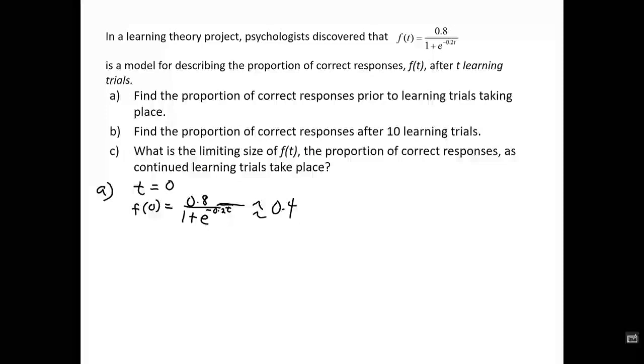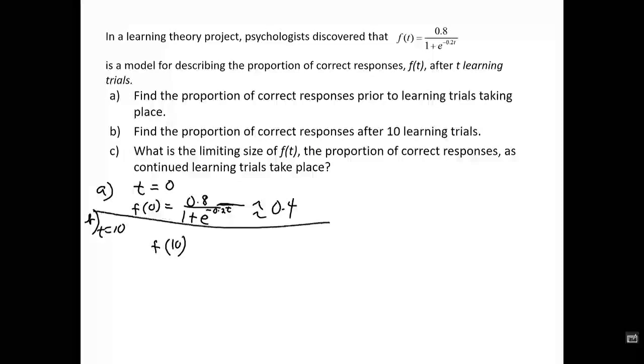All right, in part B, find the proportion of correct responses after 10 learning trials. So in other words, this time, I'm going to substitute 10 for t in the model. So what do we have? We need f of 10.